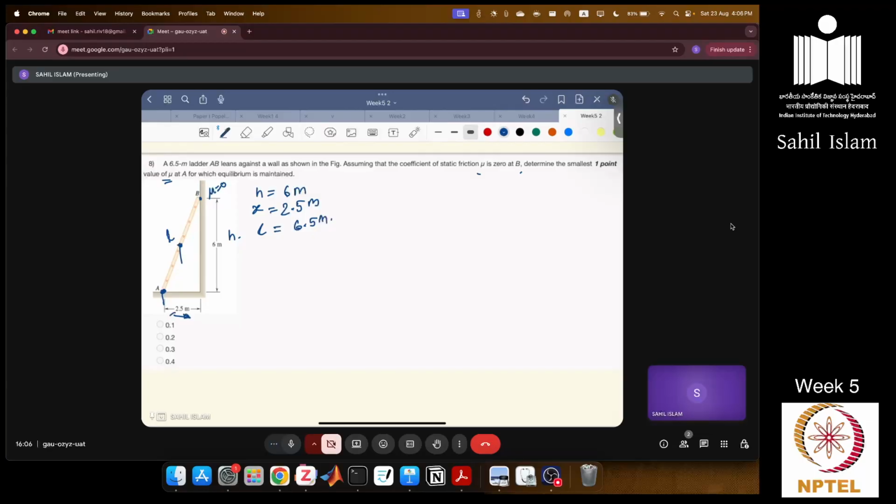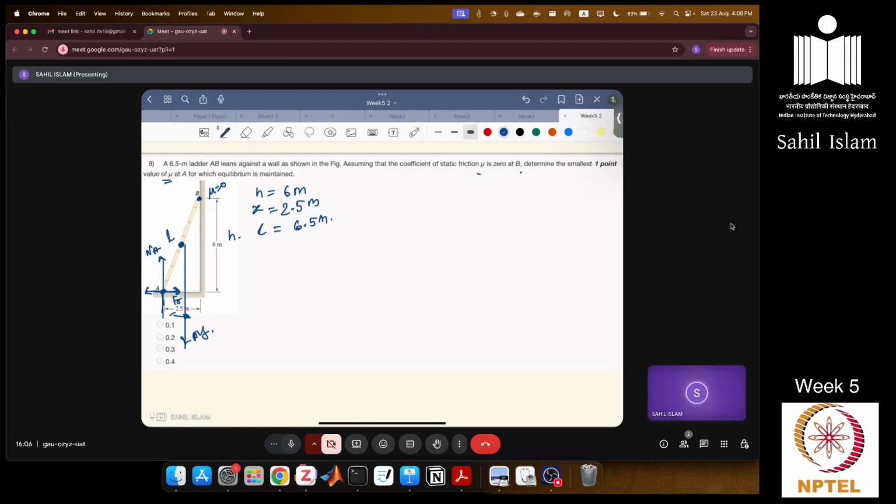The weight, the gravity mg works like this, and here it wants to slip like this. So frictional force is acting this way, and there is a normal reaction at A. Let's say this is N, and here you have frictional force.